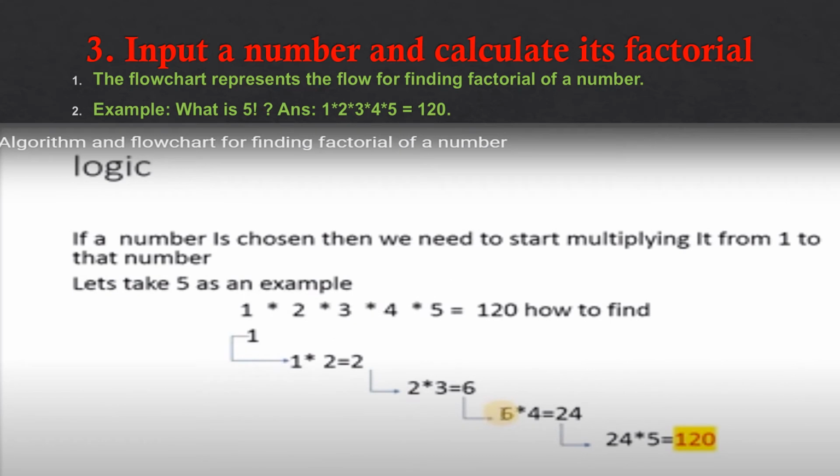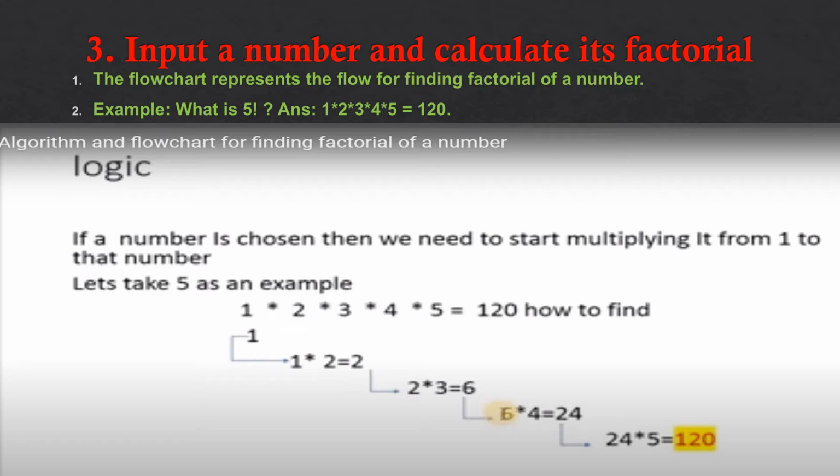Next is a flowchart to input a number and find the factorial of that number. Let's understand the logic behind the factorial first, and then I will show you the algorithm and the flowchart. For example, what will be the factorial of 5?